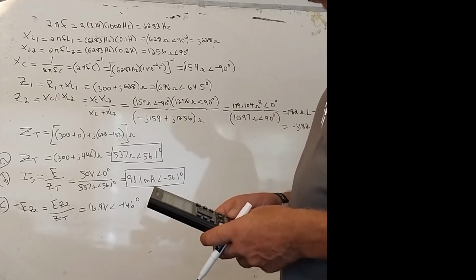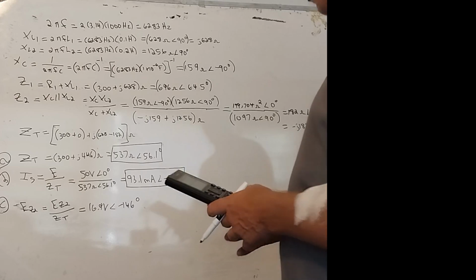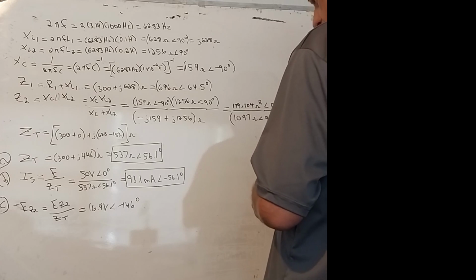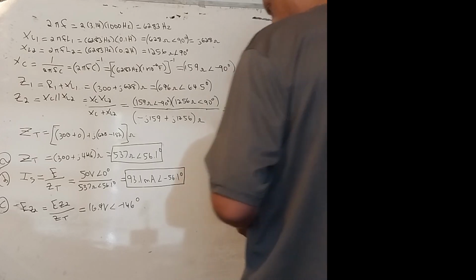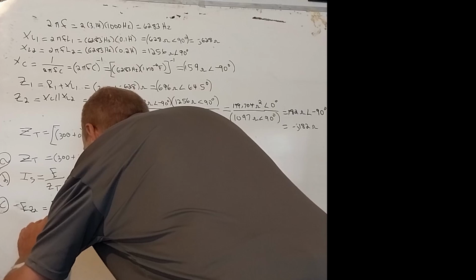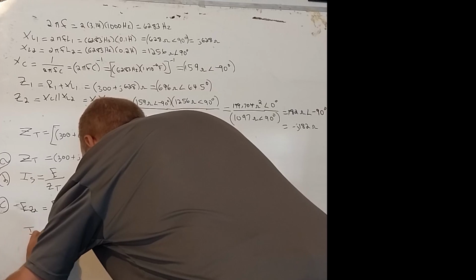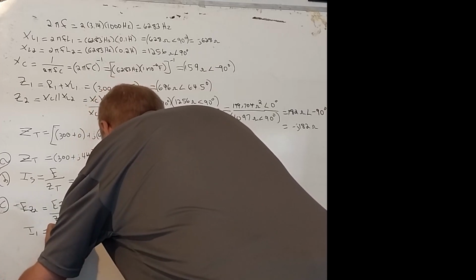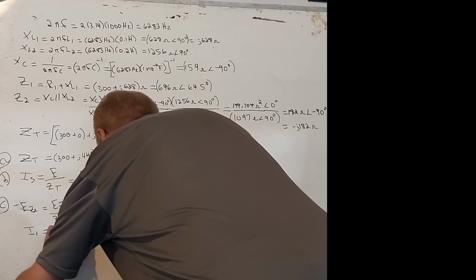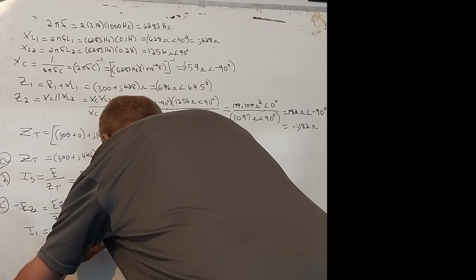I want to divide that by 159. That's 106.6, let's just say 107 milliamps. So the current I1 is equal to E Z sub 2 divided by X of C. That is 16.9 volts at an angle of negative 146 degrees divided by X of C, which is 159 ohms at an angle of negative 90 degrees.